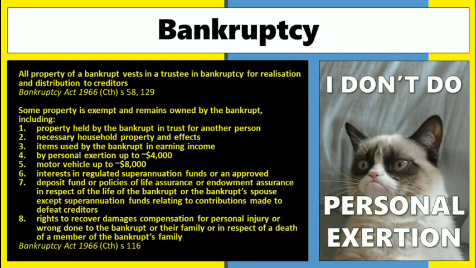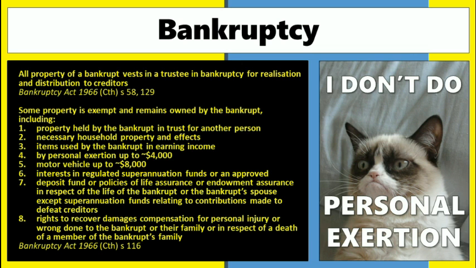And a key thing to note about bankruptcy, which lasts for a period of time, is that with a few exceptions, all of your stuff, you as the bankrupt, is now vested with the trustee. You don't own it anymore. There are some exceptions to do with motor vehicles, items or tools that you use for personal exertion, and some household items you're allowed as well.